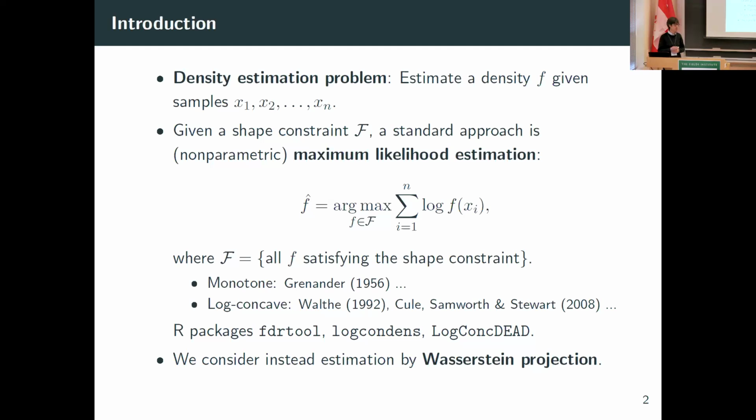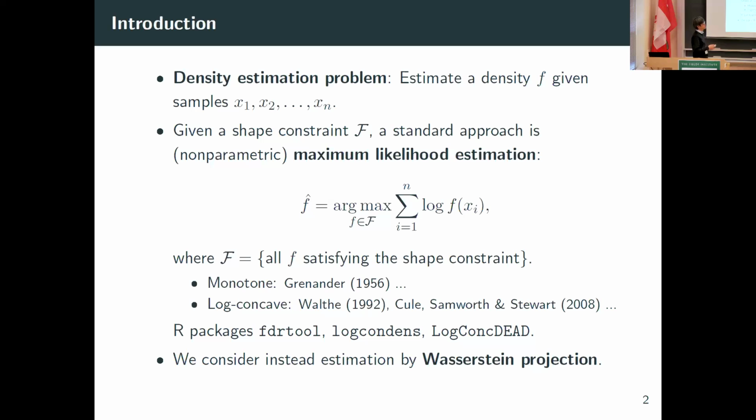Of course, the most used estimator is the kernel estimator, which is completely non-parametric, and you have no assumptions on the density. But if you have a shape constraint in mind, you may want to impose that constraint in your estimation, because a kernel estimator, being a weighted average, may not satisfy that constraint.